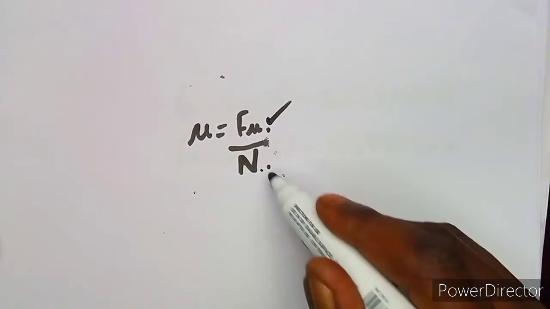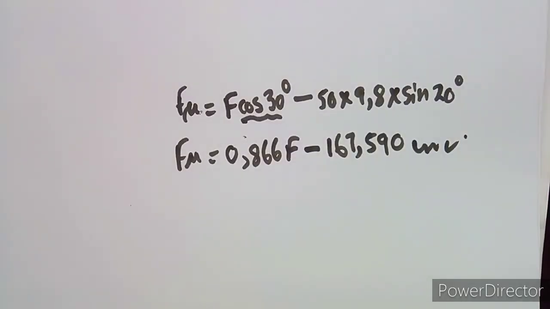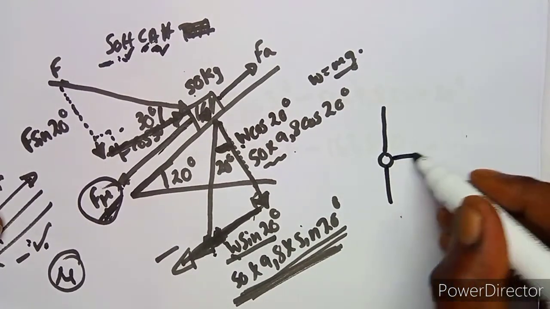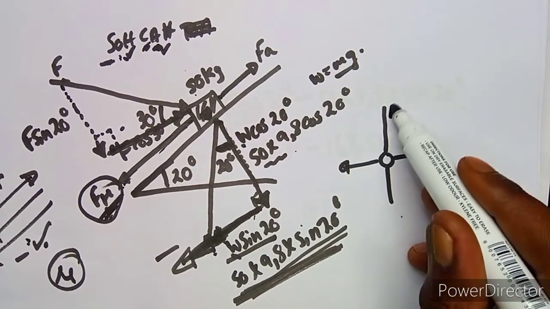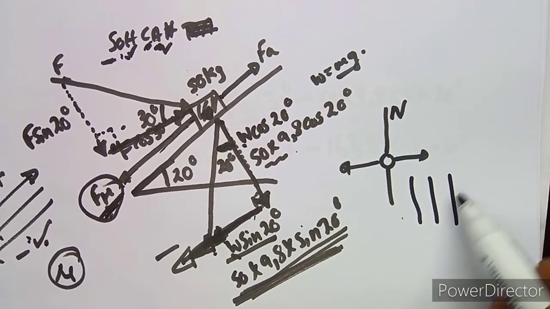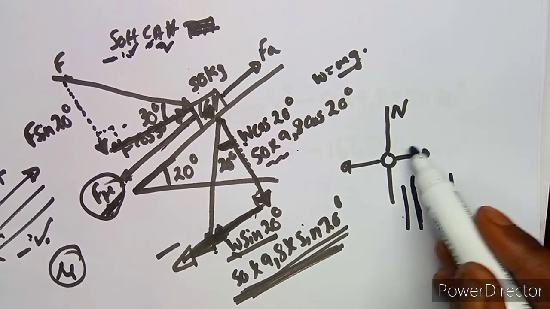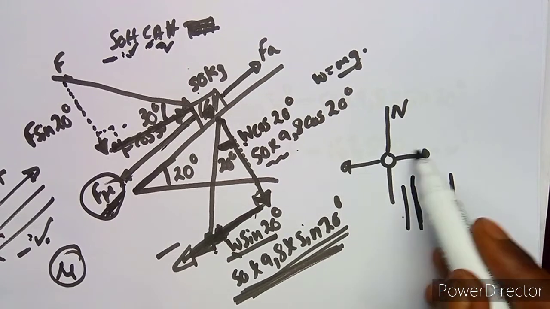So this one is already there, so we now need the normal reaction, which is the normal force, which is going to be taken, as we know, guys, from our free force diagram here, that this is what you're going to have as N. So which means you're talking about the ones which are perpendicular, like the ones which are moving this direction. This is where we can obtain friction, because friction will be opposing.